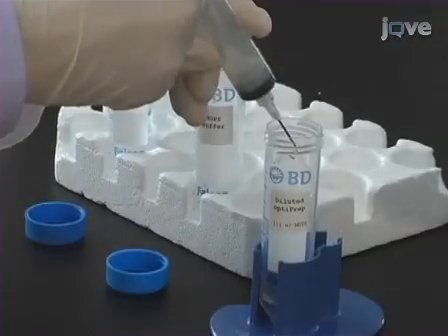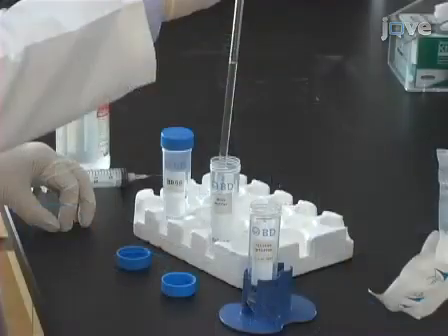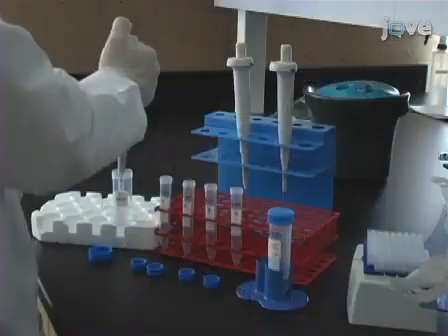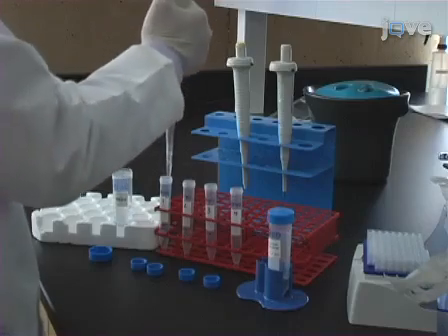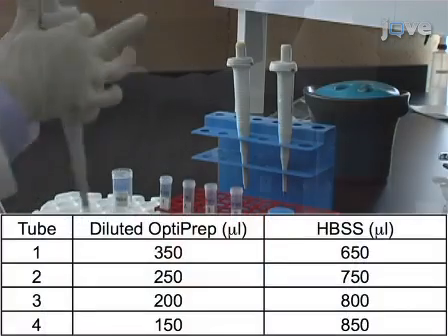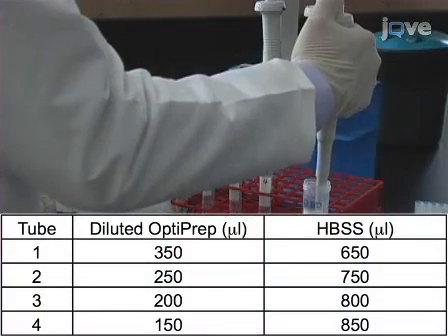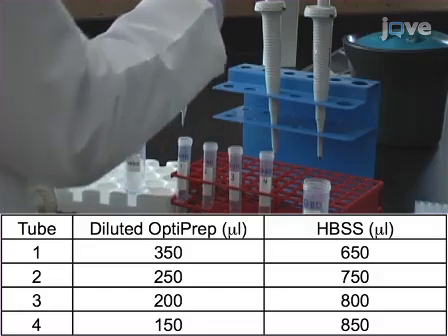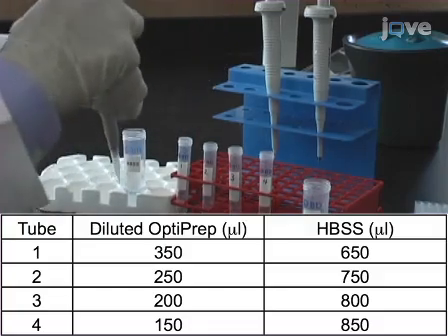Construct a diluted OptiPrep solution by diluting OptiPrep 1:1 with MOPS buffer, and then make 4 OptiPrep gradient solutions by mixing 350, 250, 200, or 150 microliters of the diluted OptiPrep with HBSS to a final volume of 1 milliliter per tube.